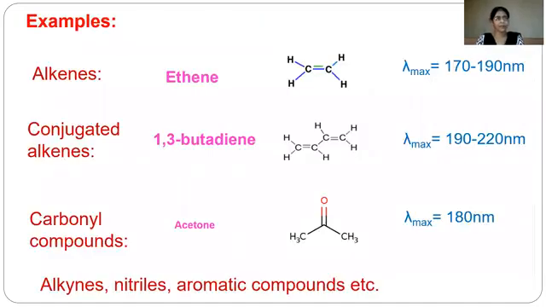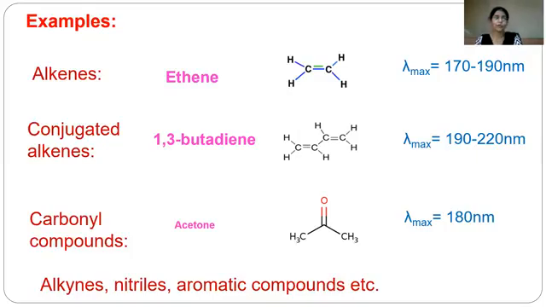These are examples of pi to pi antibonding transition. In ethene, there is only one double bond. The lambda max for ethene is 170 to 190 nanometer for alkenes. For conjugated alkenes like 1,3-butadiene, the range is 190 to 220 nanometer.